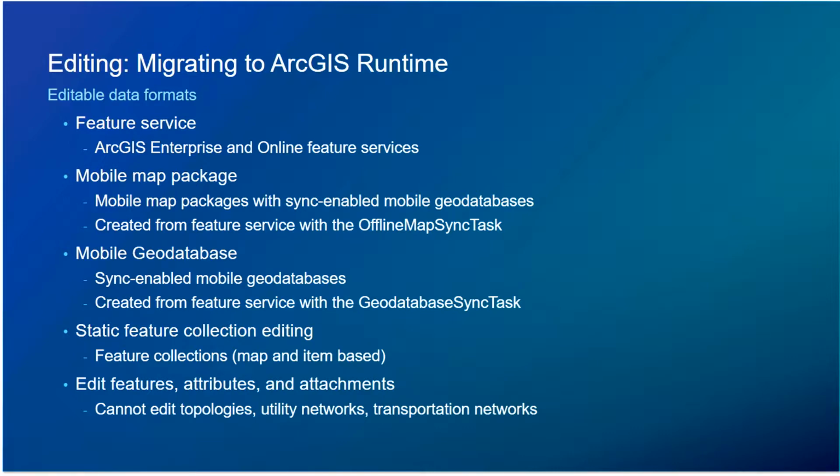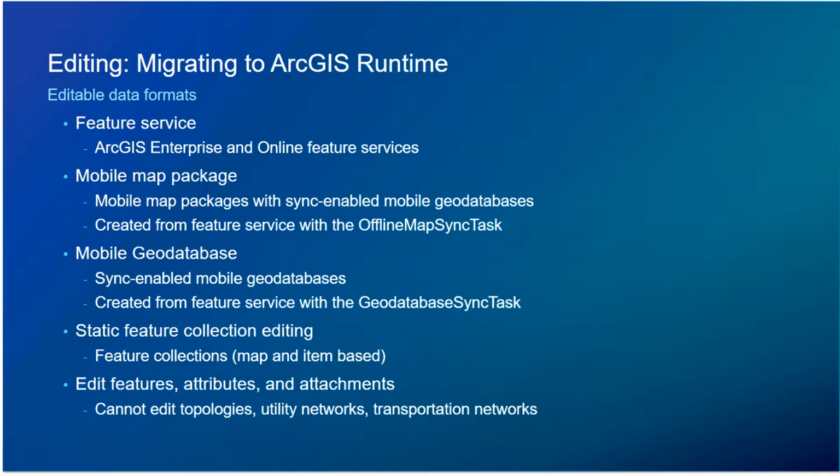If you're working with the mobile geodatabase specifically, again, that needs to have come from a sync-enabled feature service, and I talked about how you can work with that via the geodatabase sync task. The feature collections that I mentioned earlier as kind of embedded content within the map or as items, essentially via the API you work with those and you edit those exactly as you would do any other table, either a shapefile or a feature table from a mobile geodatabase.